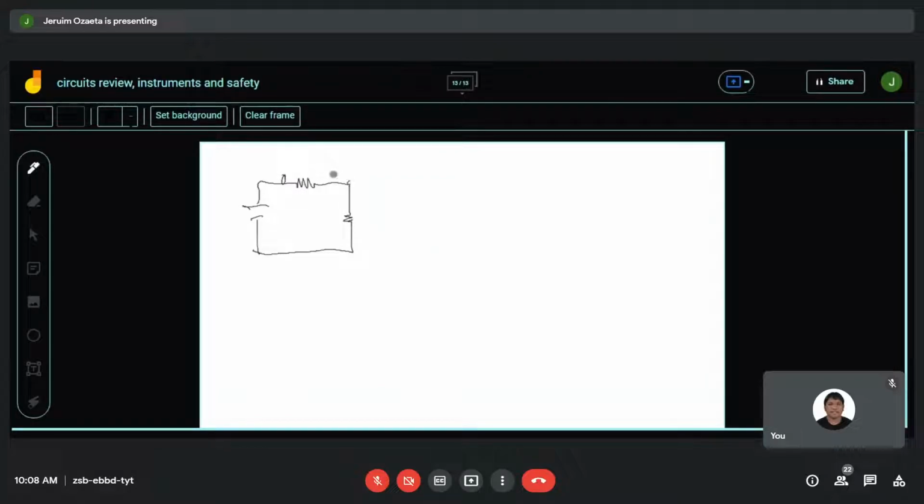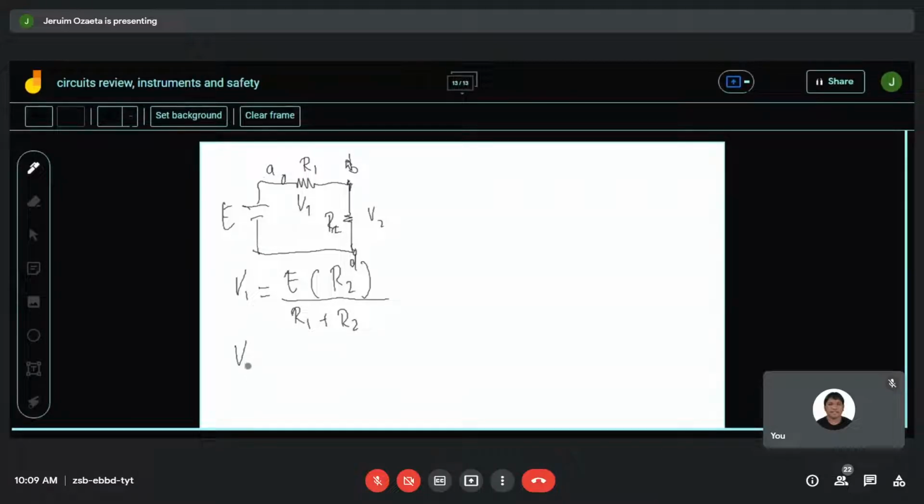we can say that the voltage drop, let's say here, so there is V sub 1 here, R2, so we can say that V sub 1 equals E times R sub 2 all over R sub 1 plus R sub 2.